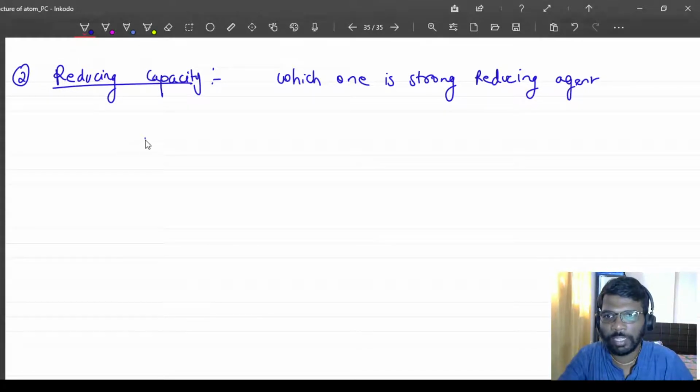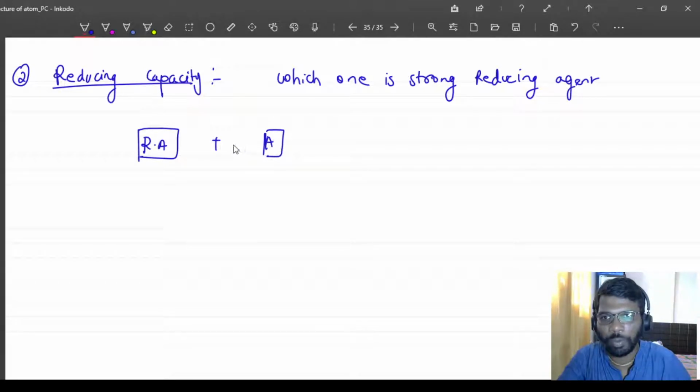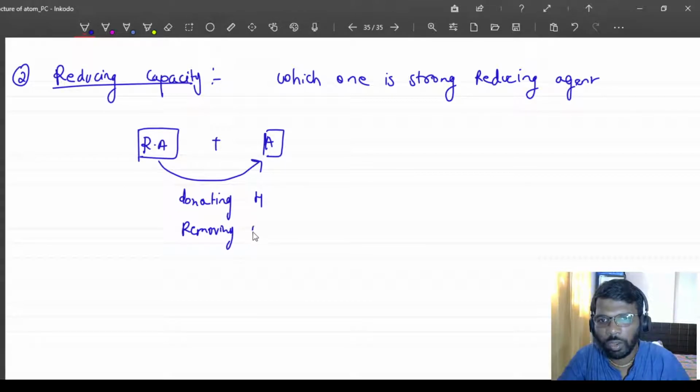Let's say this is one of the reducing agents, and this is compound A. This is the agent which will reduce it either by donating hydrogen or removing oxygen.